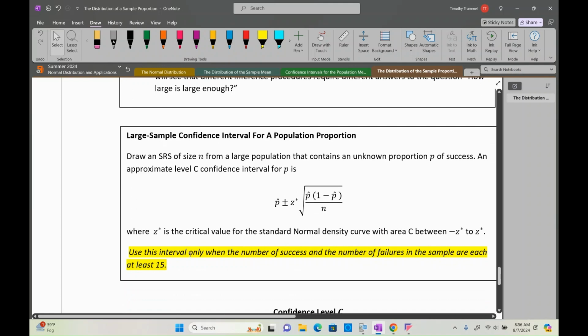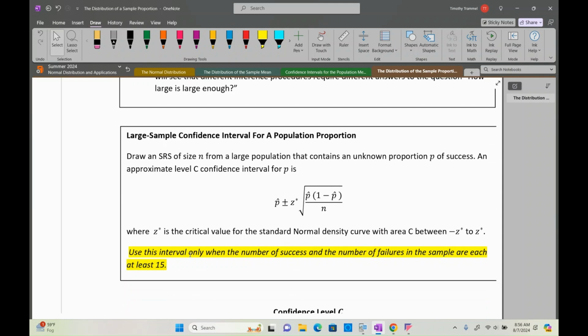Okay? And you can see highlighted down here that we only want to use this if the number of successes and failures in the sample are at least 15. All right. And so we'll take a look at that when we maybe do our next example here.